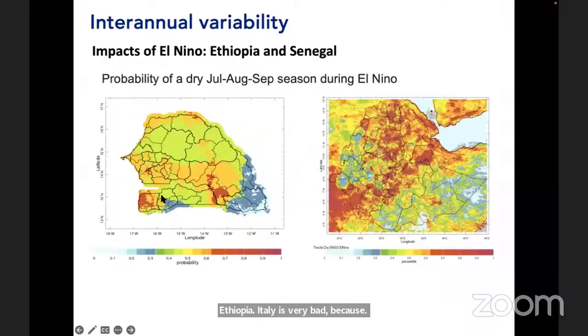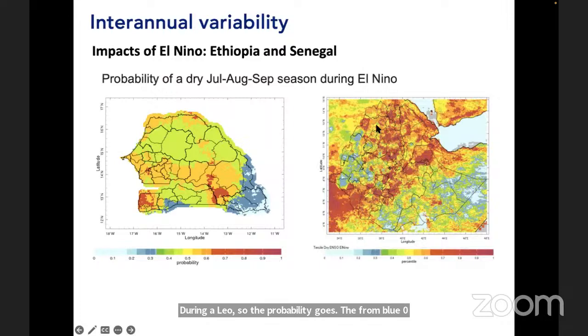And La Nina, so this is another thing. I will show you a map. This map shows for Senegal and Ethiopia the probability of July, August, September being dry during El Nino. The probability goes from blue 0 to red 100%.